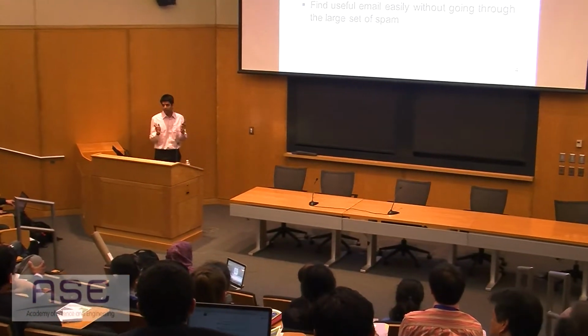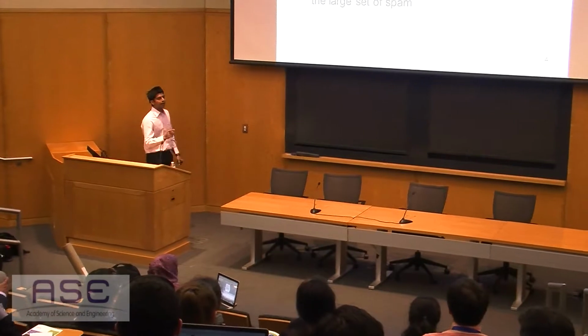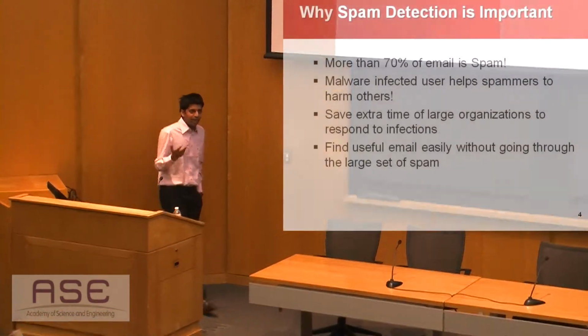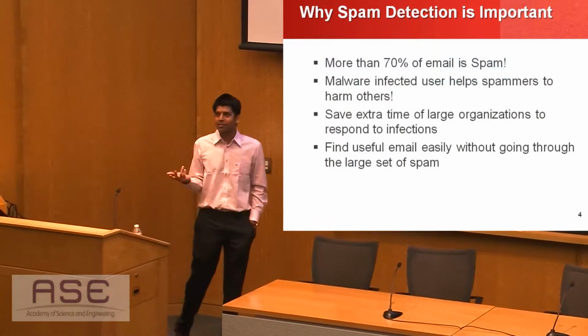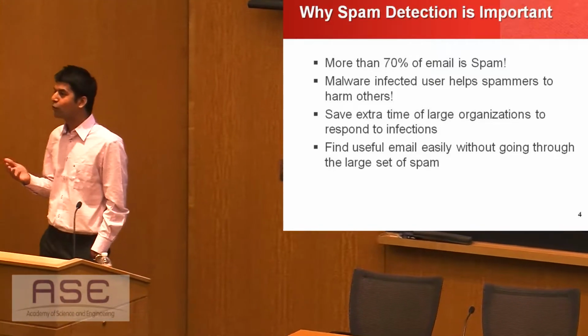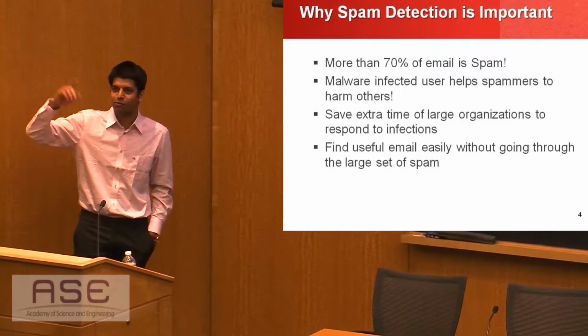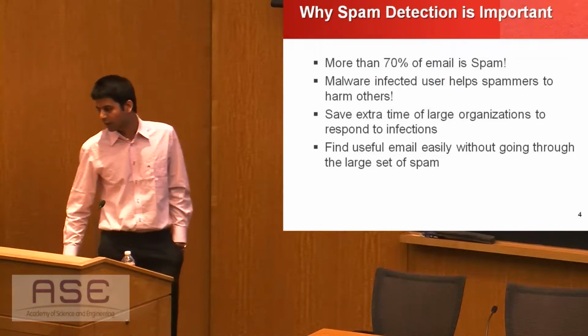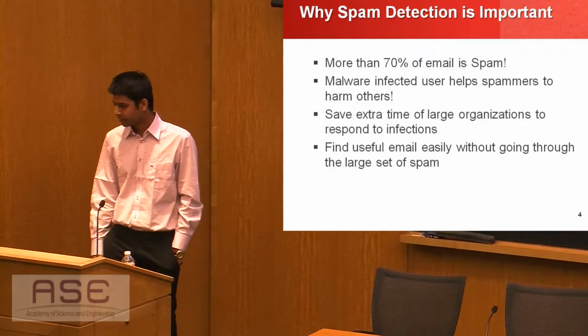If we are able to detect spam campaigns, we would save their time in reacting to infections. And finally, if every day you receive 100 emails in your inbox, where only 10 are useful and the rest are spam, it is really difficult to find the useful emails among the 100. So this is why it is important to detect spam campaigns.